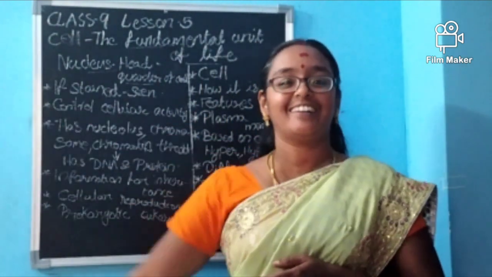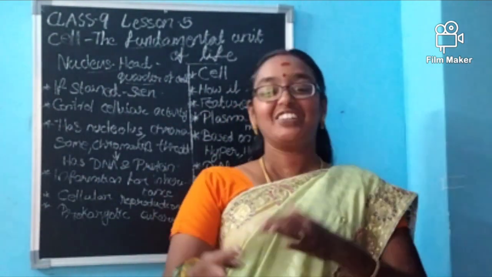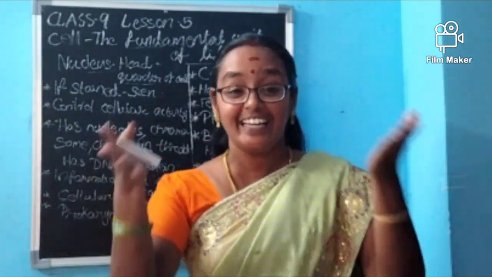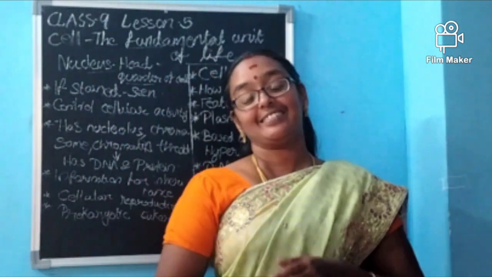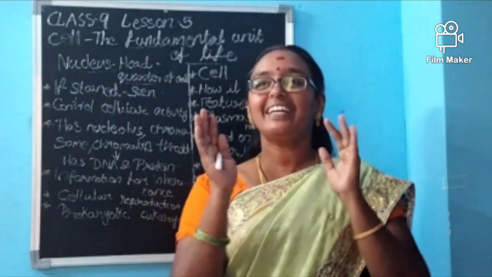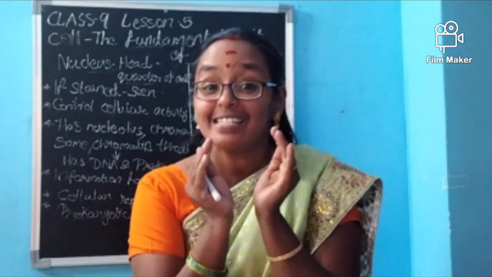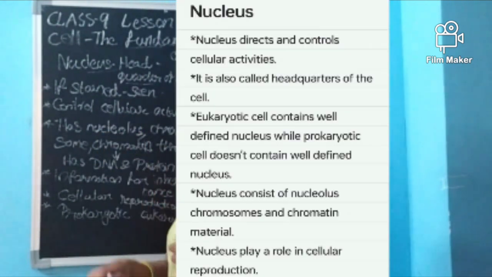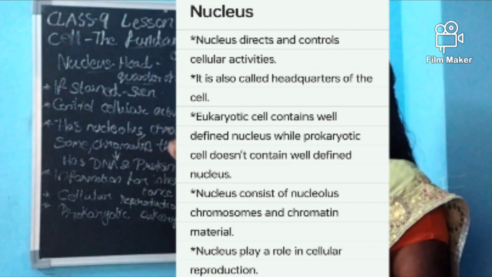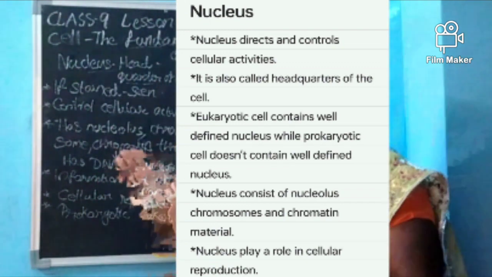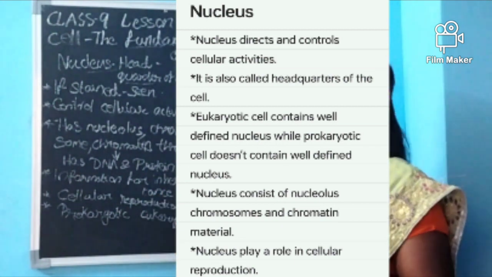Go and take a DNA test, right? Our special DNA is inside this nucleus. That's why the nucleus has that much power. So what all things are there? There are nucleolus, chromosome, chromatin thread, and the chromatin thread contains DNA and protein, as I told you.